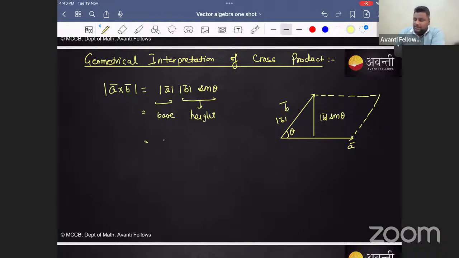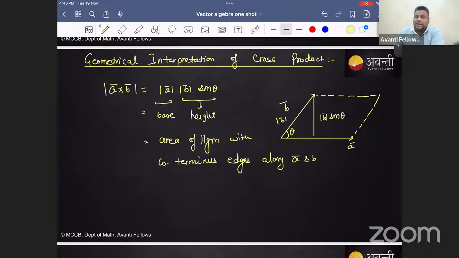So what is it? It is the area of the parallelogram with coterminous edges along A and B. Am I clear?